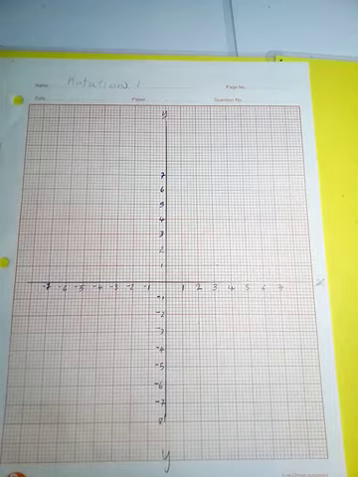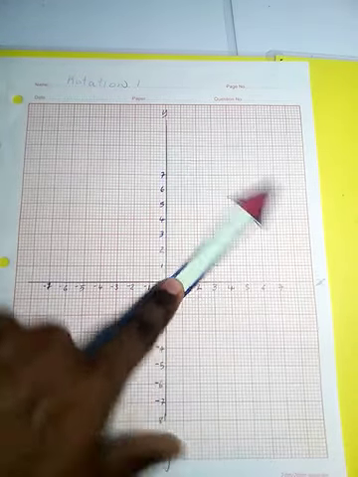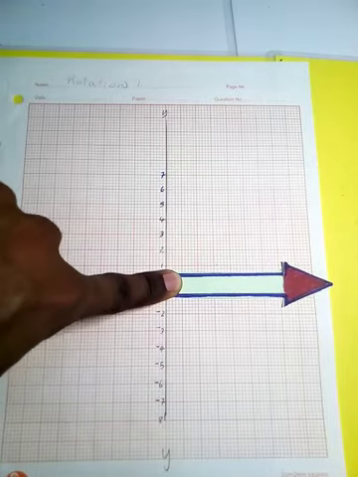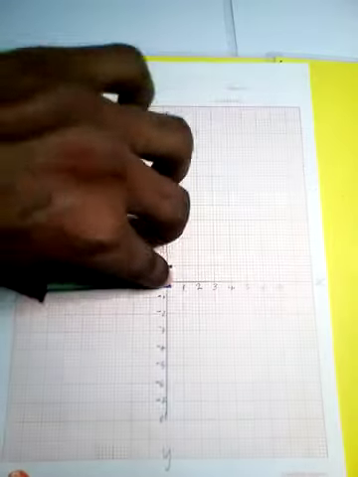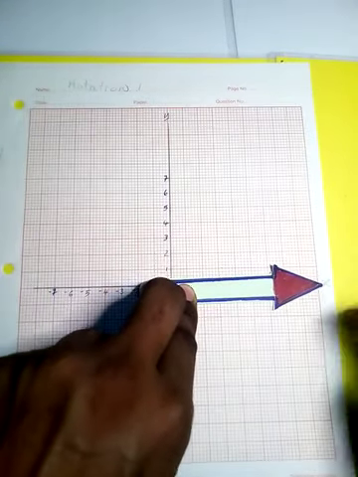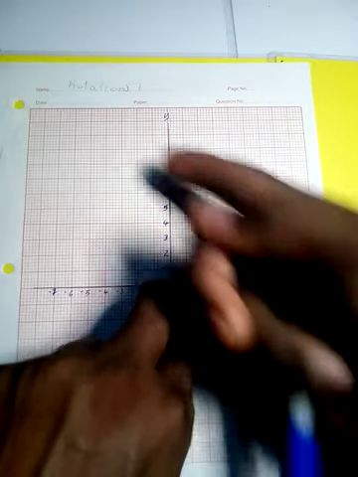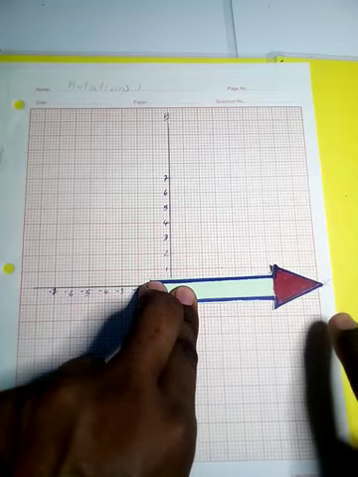Additionally, a skill that we should also recall when we're doing rotation is that if I rotate 90 degrees clockwise, it's the same as rotating 270 degrees counterclockwise, because we'll end up at the same position.